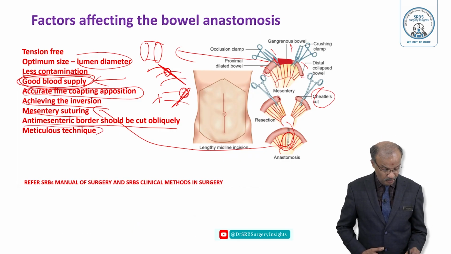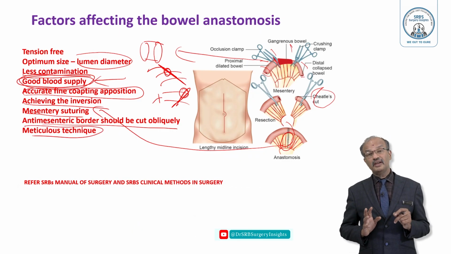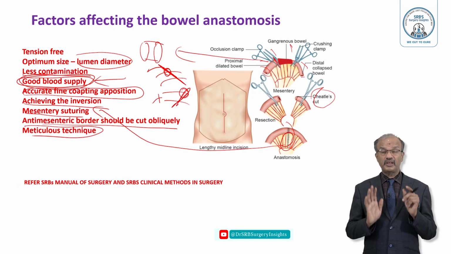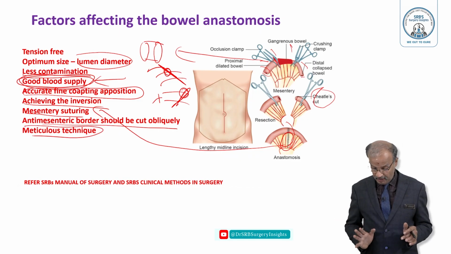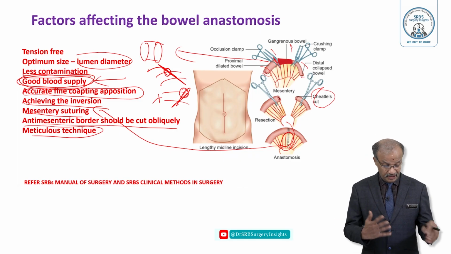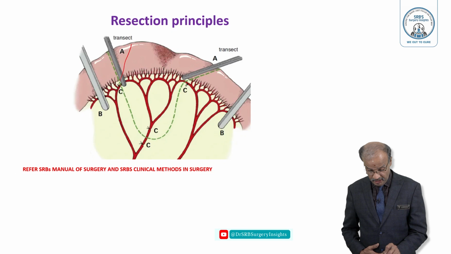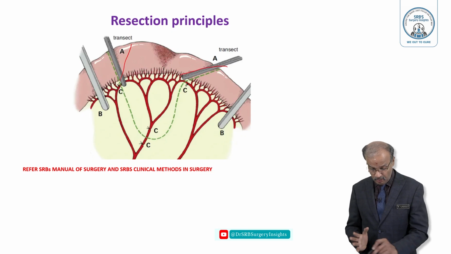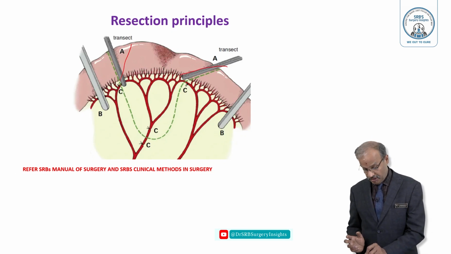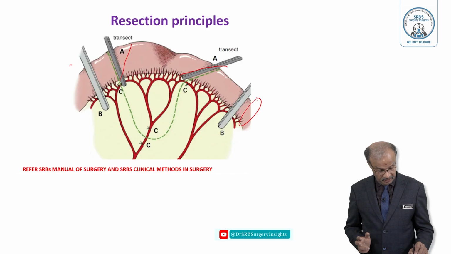Meticulous technique is important. Skill, meticulous technique, patience, proper taking of bites. How exactly to take a proper bite, I will discuss in the next slides. So this is what exactly I said: like this, not like this. Here it is like this, so a little more oblique on this distal side, because the lumen is less and this is wide.